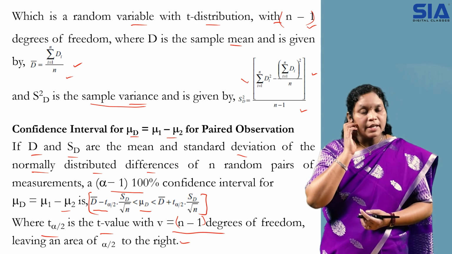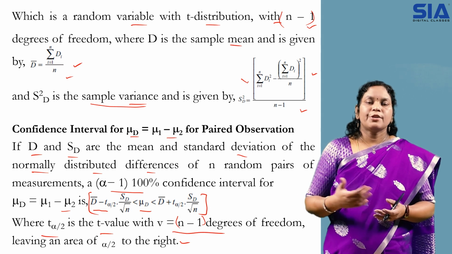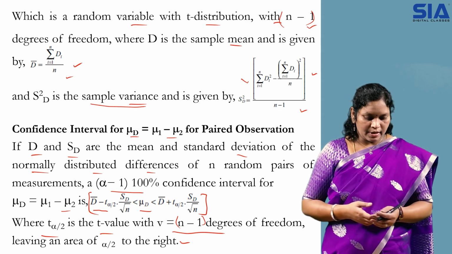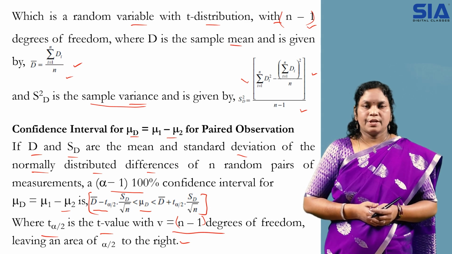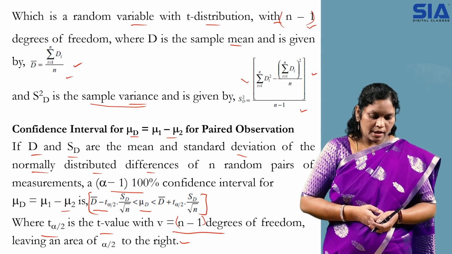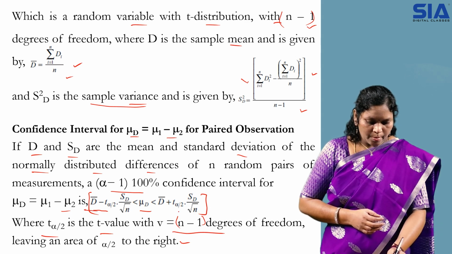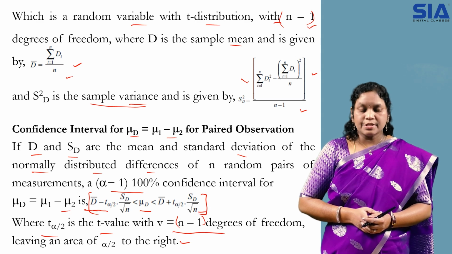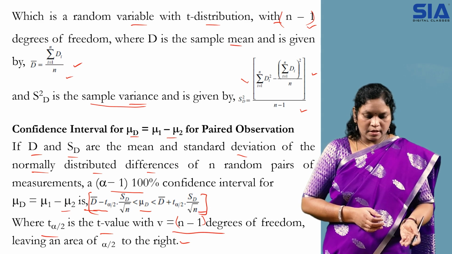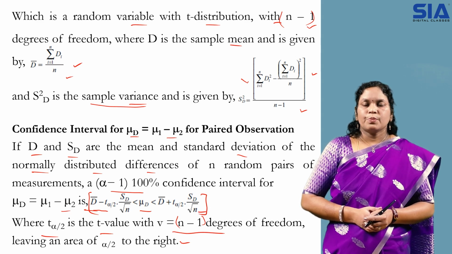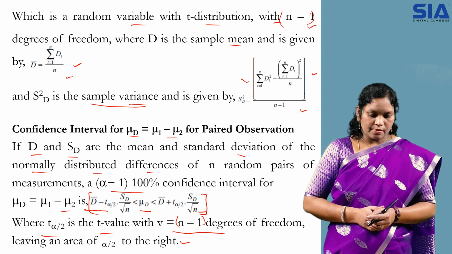When you draw the graph, you will get these limits whenever you plot the curve. So this is your confidence interval formula, d bar minus t alpha by 2 sd by root n, and you get both the limits. So we can plot it on the graph also.